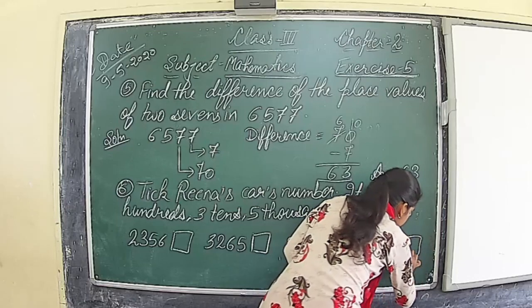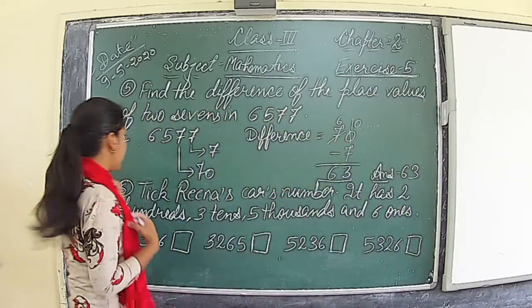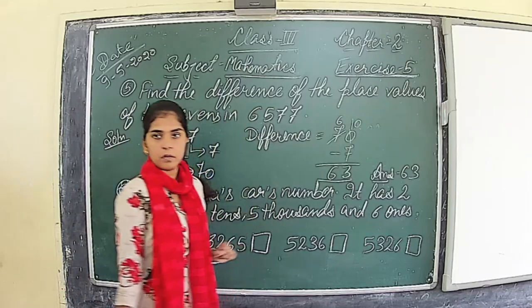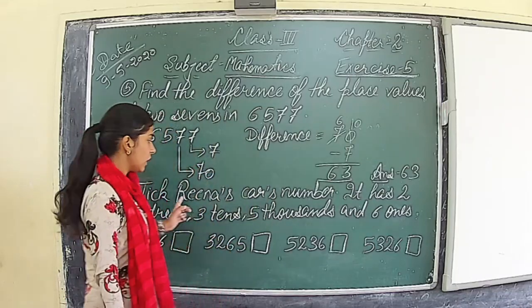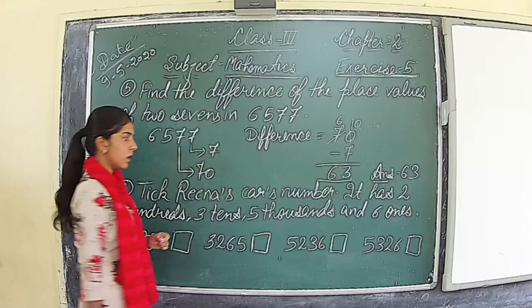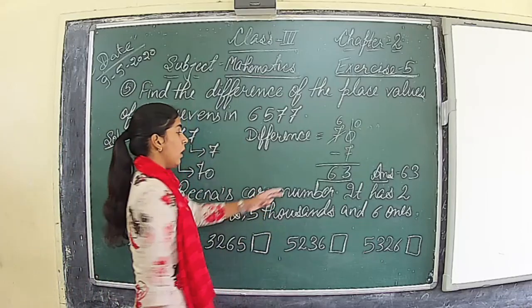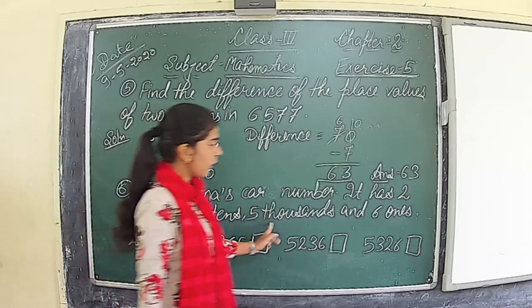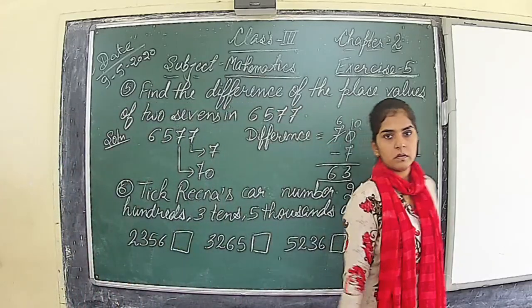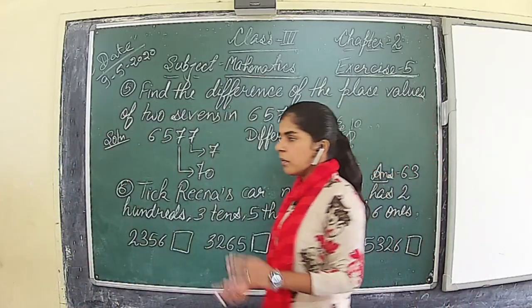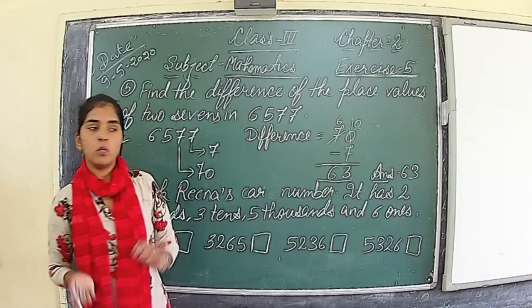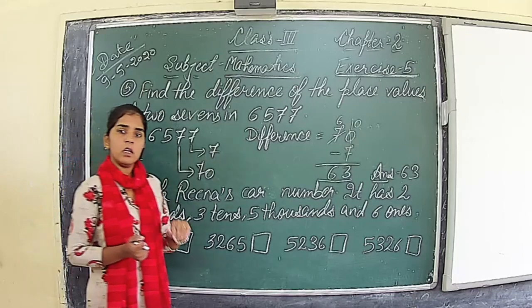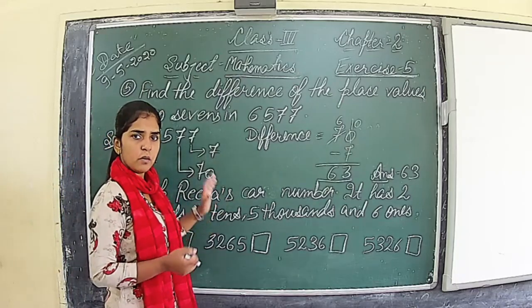Okay. So let us read the question. Pick Reena's car number. It has 200, 3 tens, 5,000 and 6 ones. So my students, I told you whenever we want to write a number, we will always start from 1.